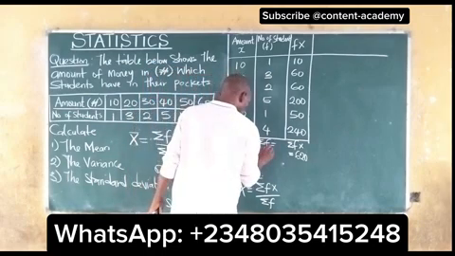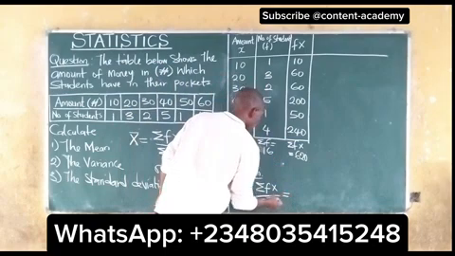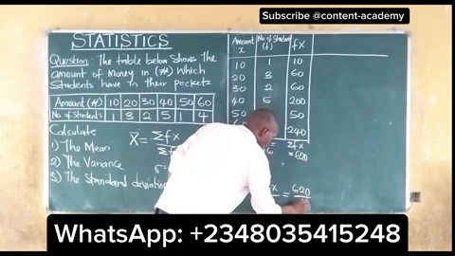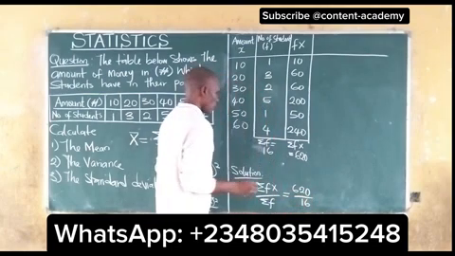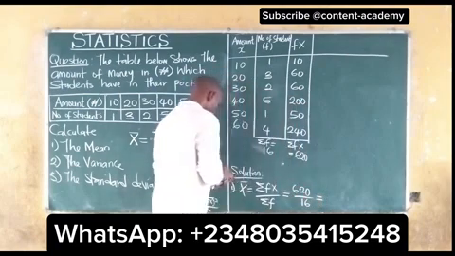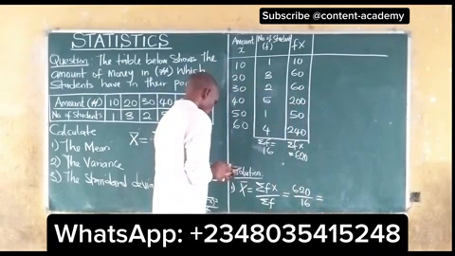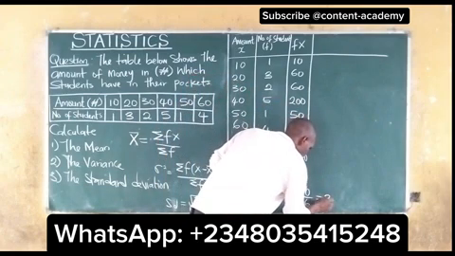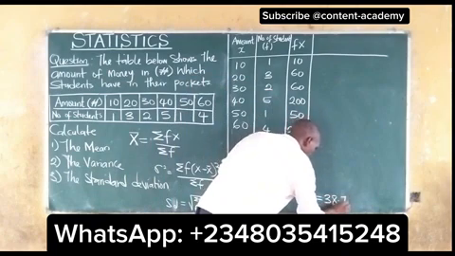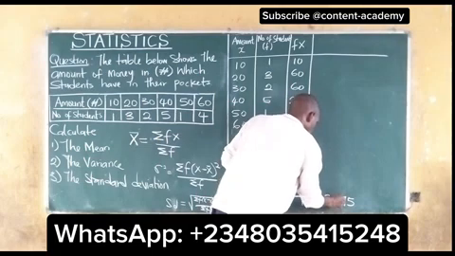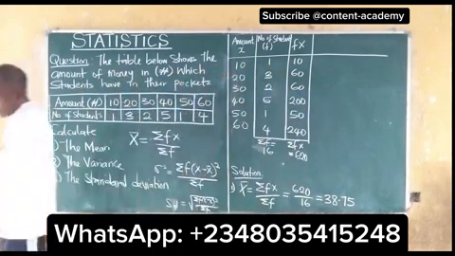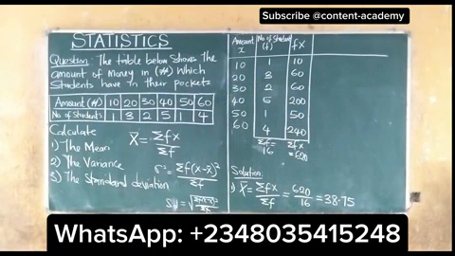We have 16. So we have here 620 divided by 16, which is 38.75. Now, that is our mean. That is how we can obtain our mean.